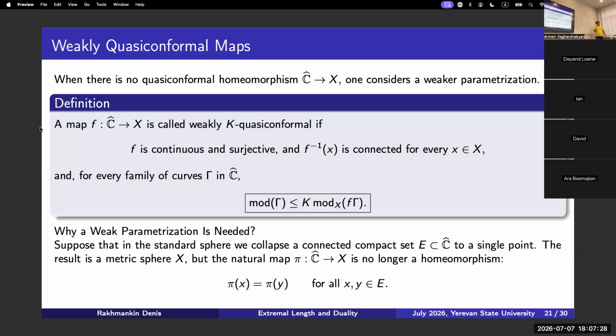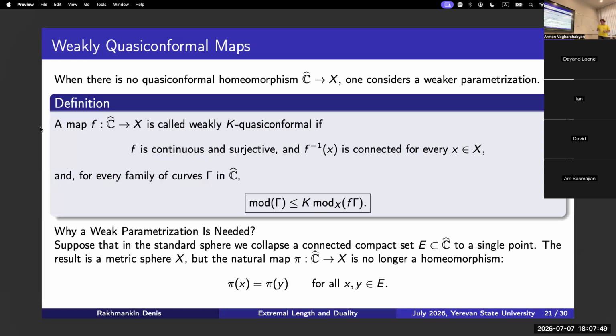So you are saying that every weakly quasi-conformal map from sphere onto sphere is quasi-conformal? No, no. And this is the example.